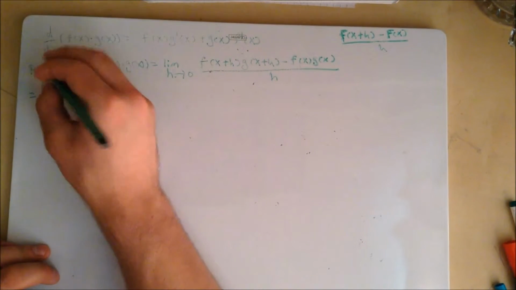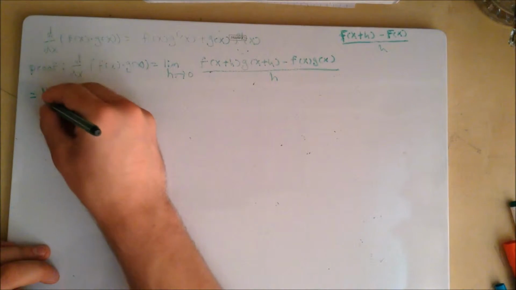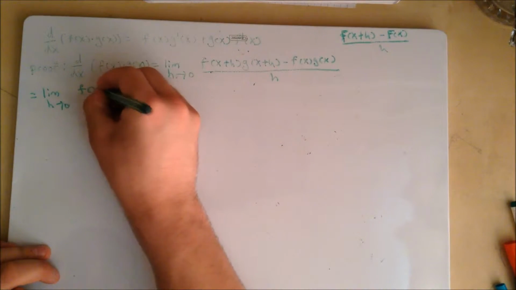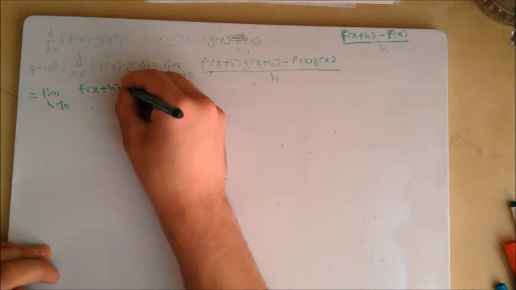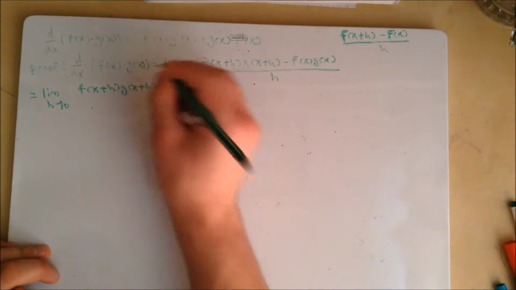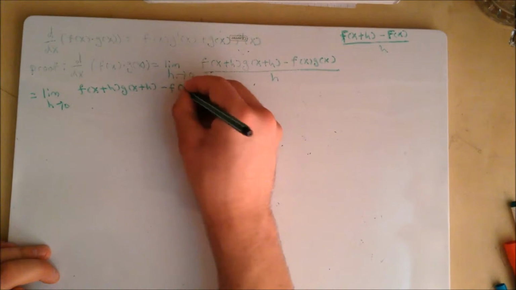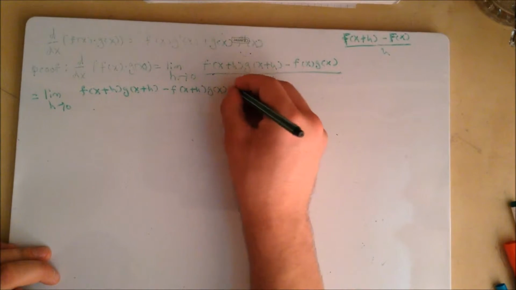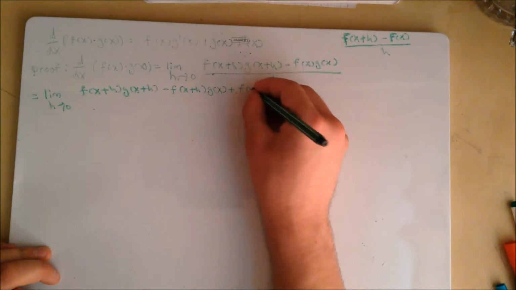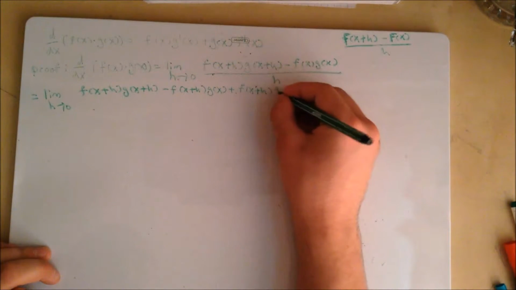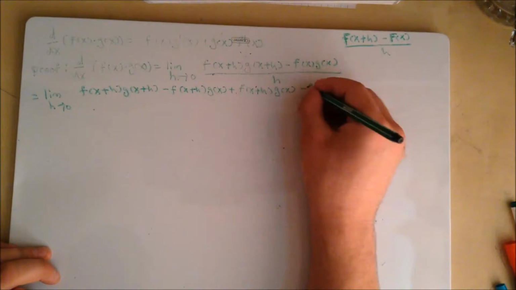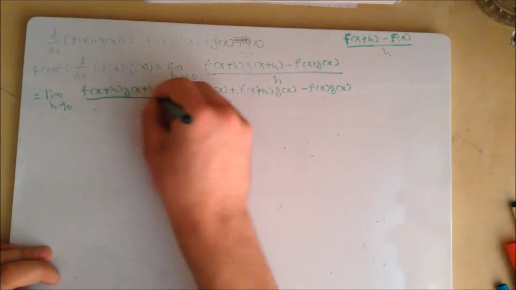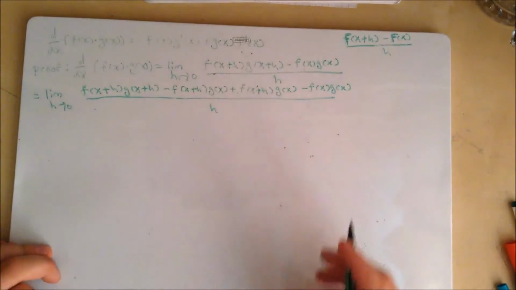So we continue by saying that that equals the limit of h approaching 0 of f of x plus h, g of x plus h, minus f of x plus h, g of x, plus f of x plus h, g of x, minus f of x, g of x, all over h.